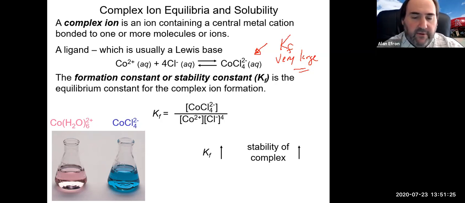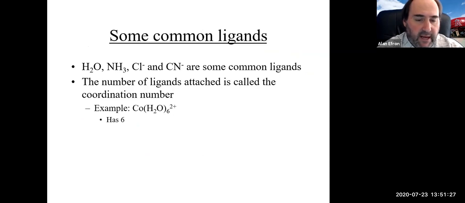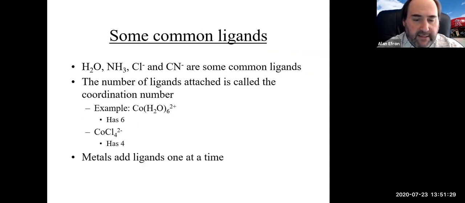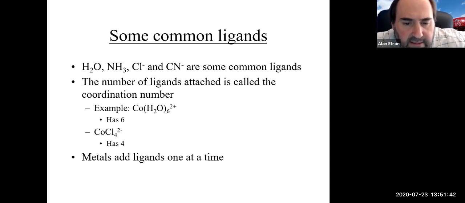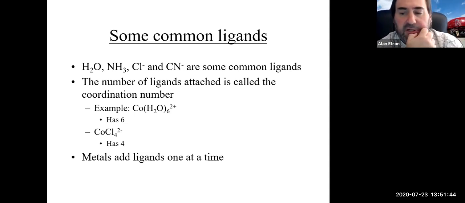So as we talked about in the last chapter about ligands and the idea of coordination number, the idea here is that the ligands are Lewis bases, which means, again, they will be donating a pair of electrons.